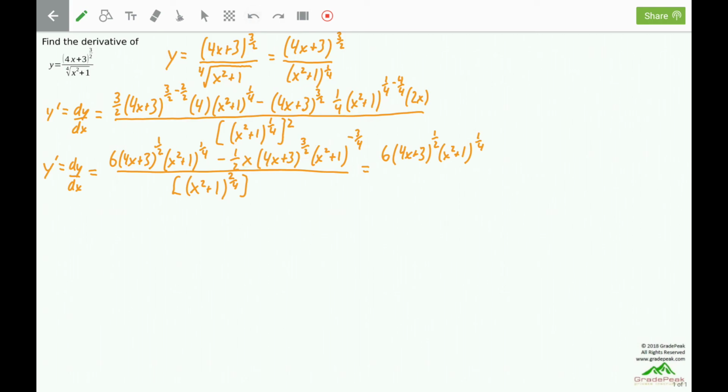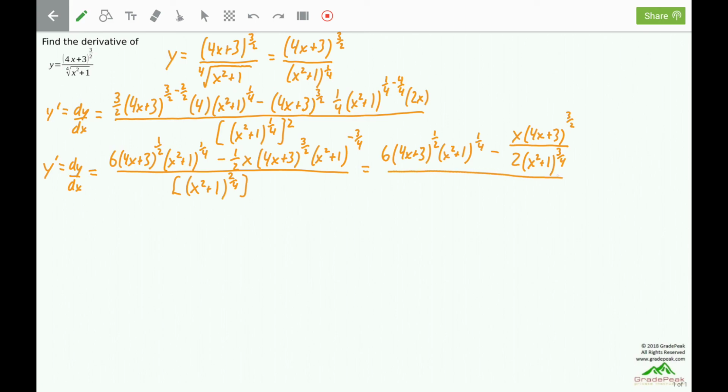Those will all stay in the numerator. So I have minus an x times a (4x plus 3) to the 3 halves power, divided by a 2 times an (x squared plus 1) to the 3/4 power.